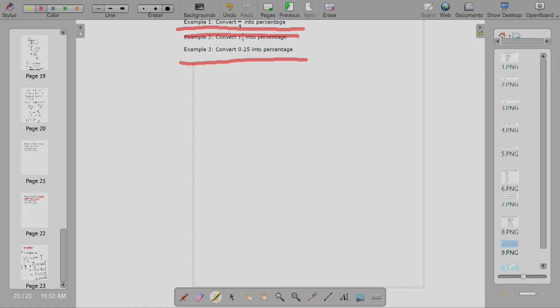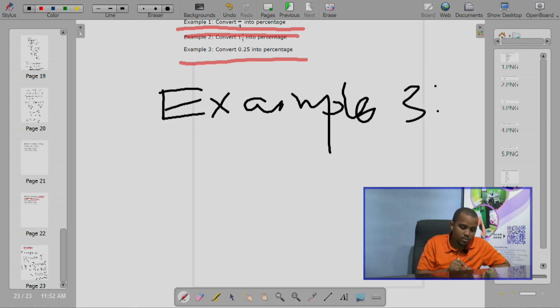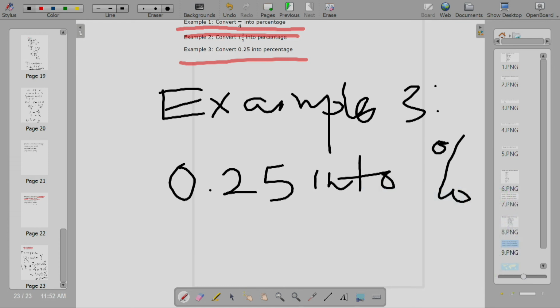Also, let's move to the last example, example number 3, in which we are required to convert 0.25 into a percentage.